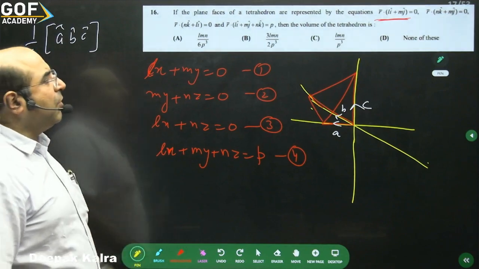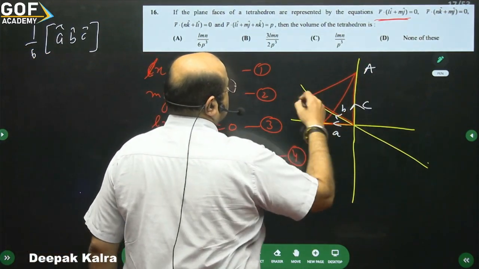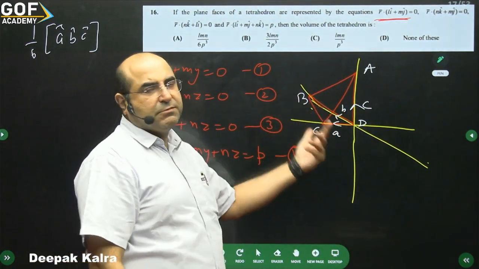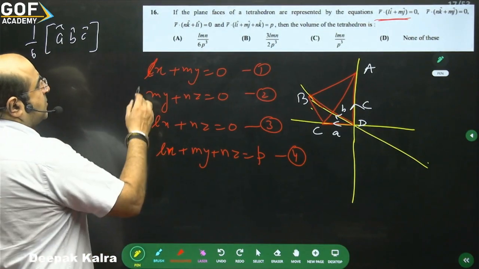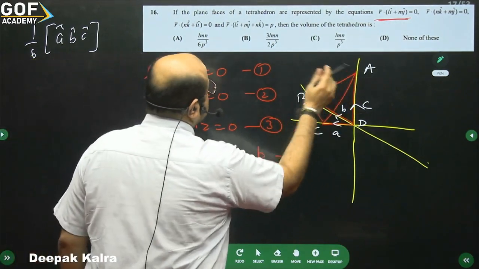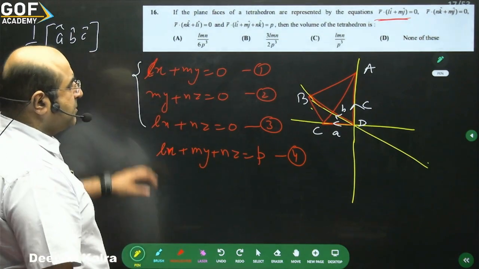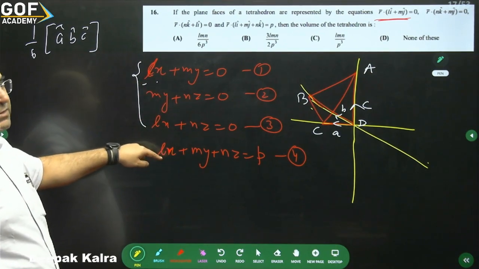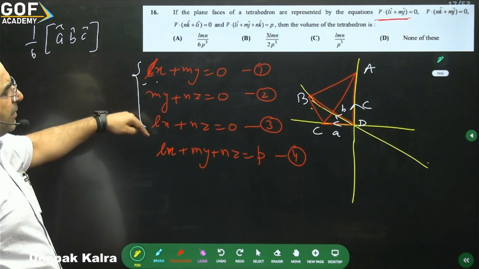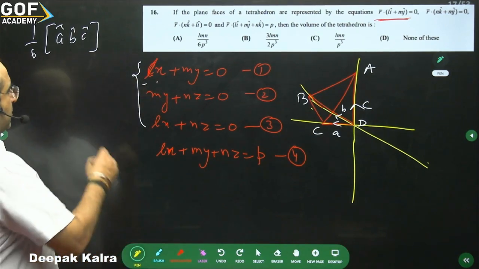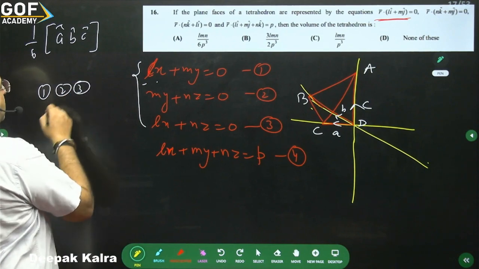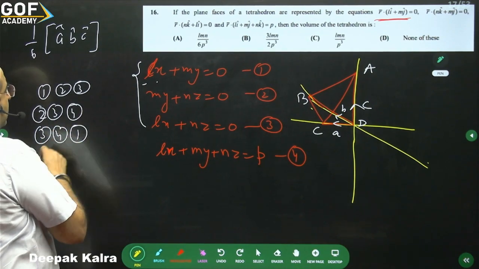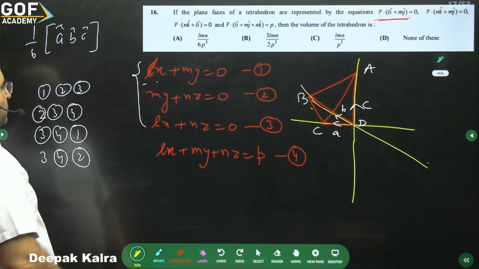So ultimately what I want is these points. Without that, I cannot calculate the volume. You understand? You need to solve 3 planes at a time to get the coordinates. Take 1, 2, 3 first, then 2, 3, 4 next, 3, 4, 1, and then 3, 4, 2.